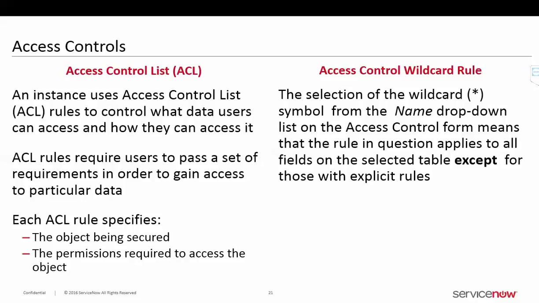Somebody else may be responsible. That may be part of a workflow, right? Where we're notifying some manager that they need to approve this specific assignment, or it needs to be tasked to somebody in a specific group, right? So ACL rules require users to pass a set of requirements in order to gain access to a particular set of data.